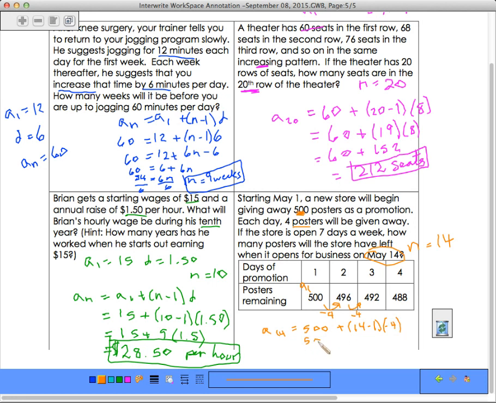So then we have 500 plus 13 times negative 4 is negative 52, or you could just put minus 52. And that leaves us with 448 posters on the 14th day. And that's my final answer.